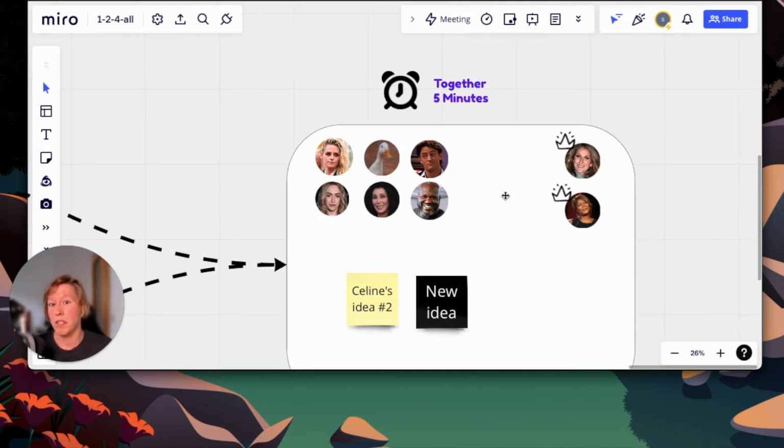And there you have it. So if you do the math, 4 times 5 minutes, it's 20 minutes. If you add a little buffer for you to give the instructions and for people to switch rooms, like 10 minutes buffer max, it can be done in 30 minutes. And that's 1-2-4-all.